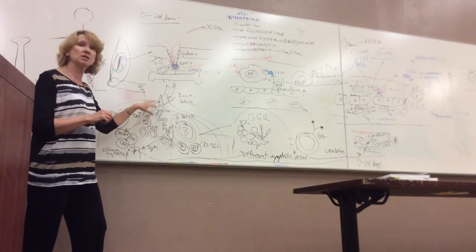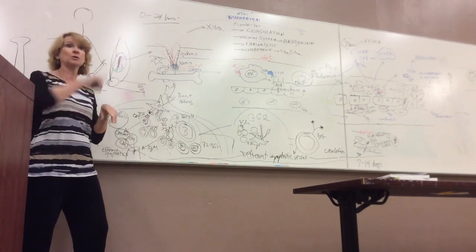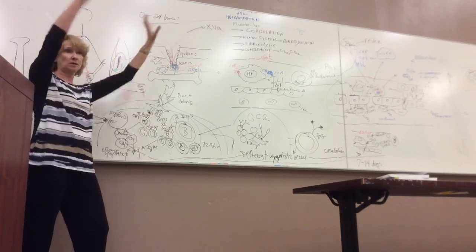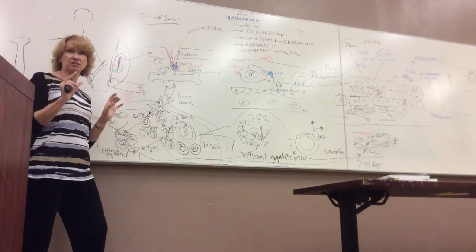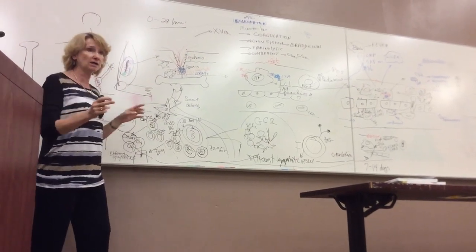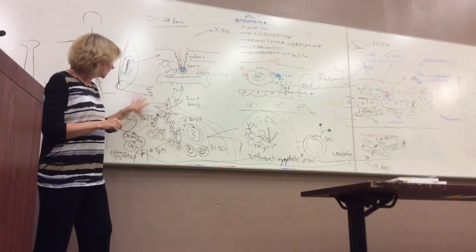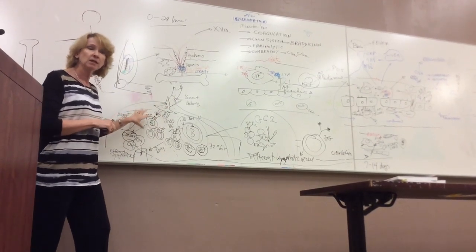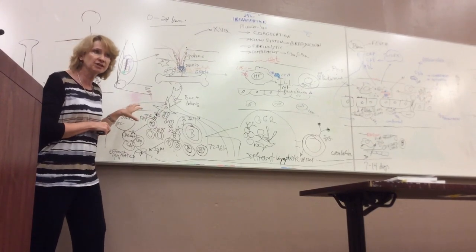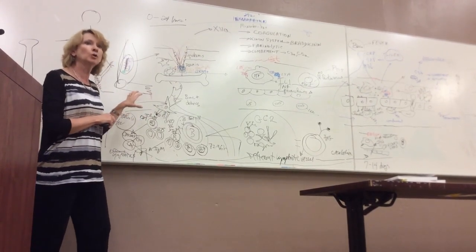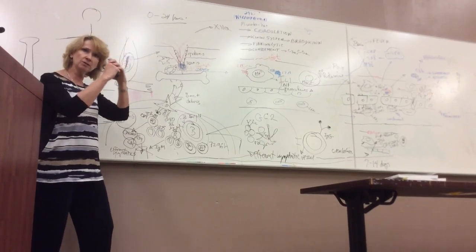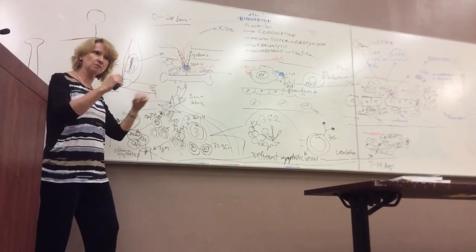And remember, that dendritic cell is actually presenting a lot of different antigens, so it can actually literally activate a lot of different T cells, all at the same time. But the T cell will only respond to the antigen it's specific for. It will proliferate. What do we call that? Clonal expansion.